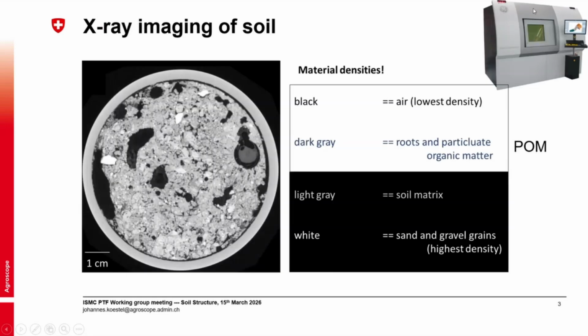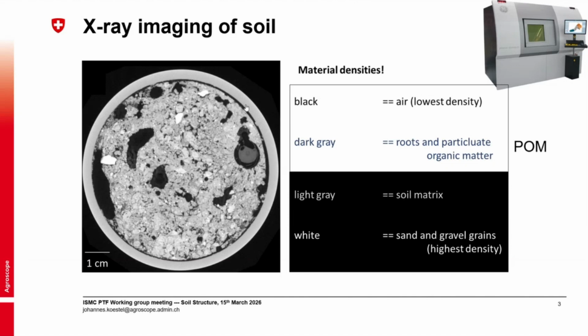So first of all, a short primer in X-ray imaging. Probably most of you already know this. With X-ray imaging, you basically can map the 3D distribution of densities, and it's encoded traditionally like this, that you have bright colors, that is high density.